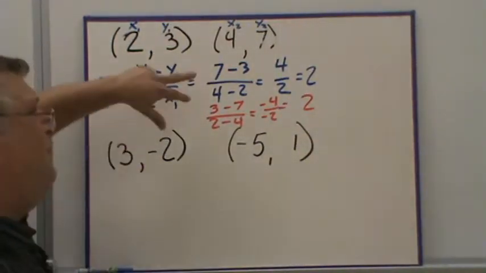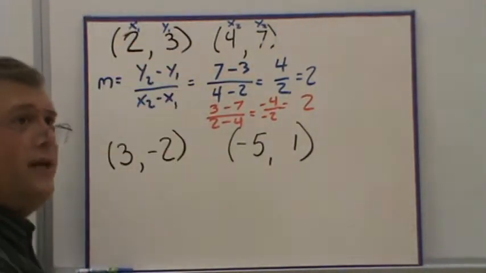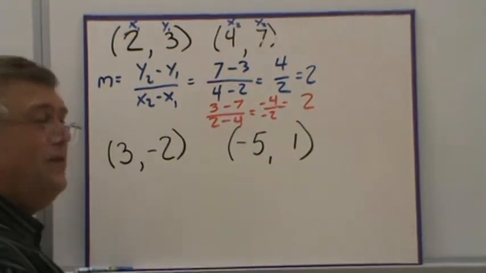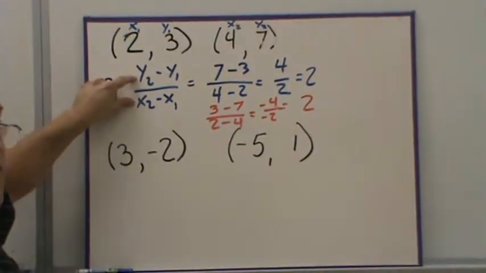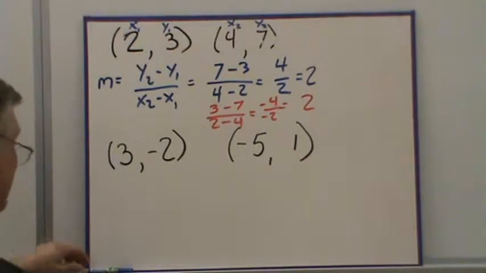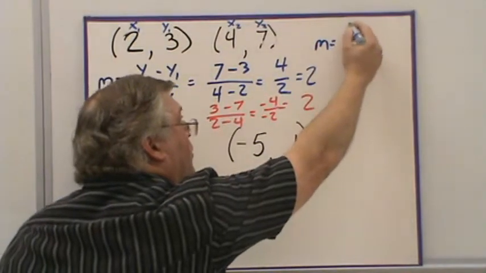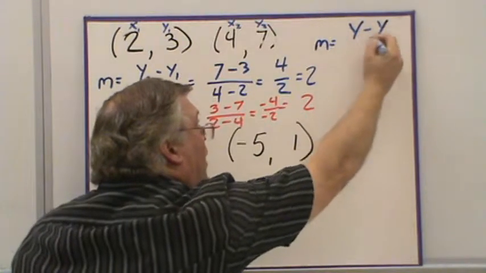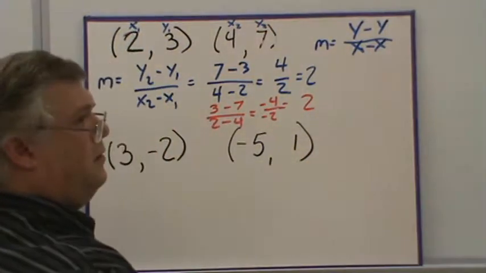So it turns out, I don't care which one of these is point 1 or point 2. I'm still going to end up with the same slope as long as I make sure this x and this y come from one coordinate, and this x and this y come from the other coordinate. So technically, I could write that equation as m equals y minus y over x minus x.